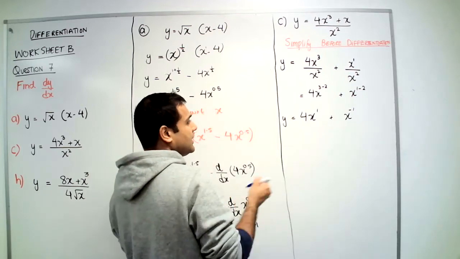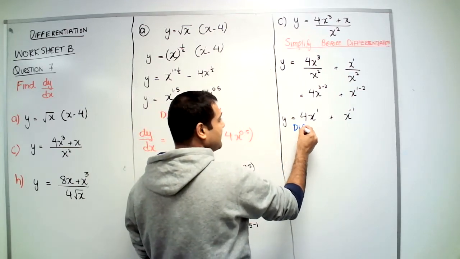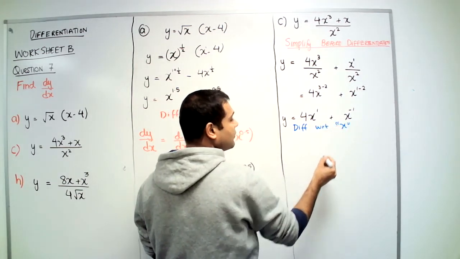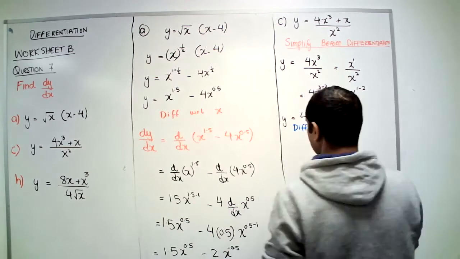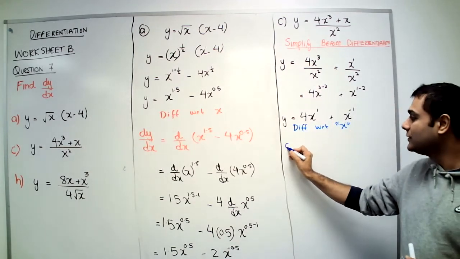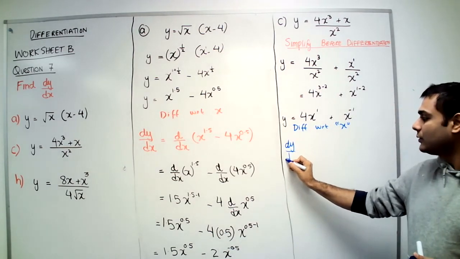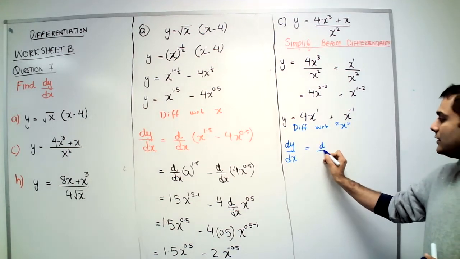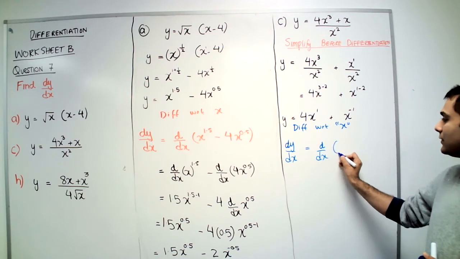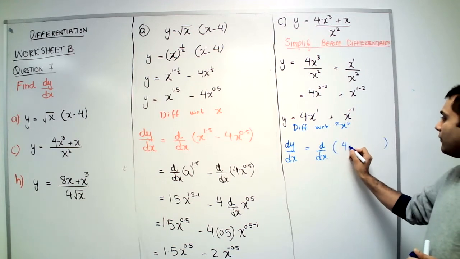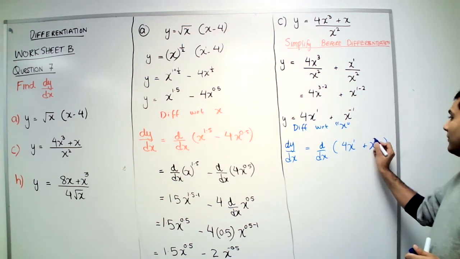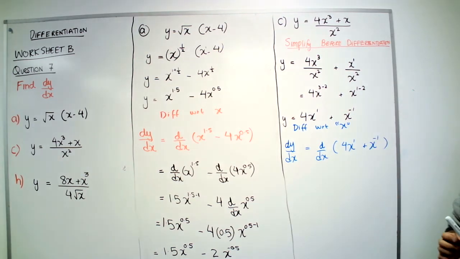Now you're going to differentiate with respect to x. To do that one, you're going to do dy over dx equals d over dx of 4x to the power 1 plus x to the power minus 1.